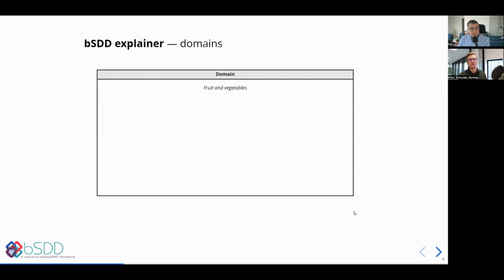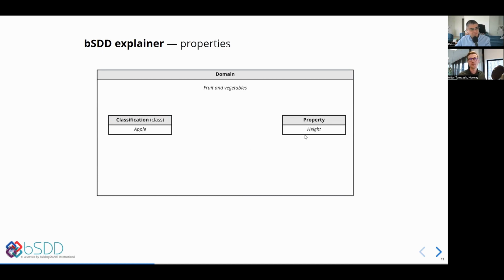And this is an example that we show, which is maybe confusing if you are coming from the construction industry, but we have this domain called fruits and vegetables, just to show the idea. So in this domain, we have a classification called apple, and we have a property called height.